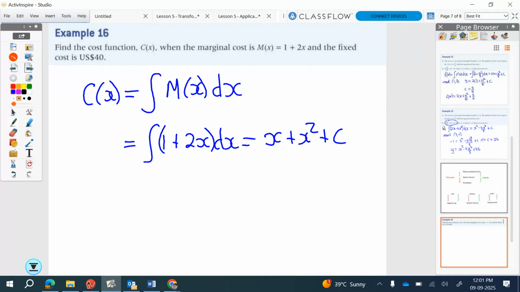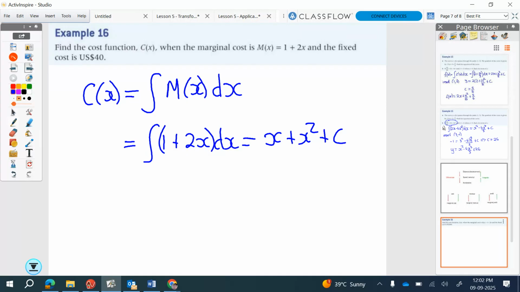Now in this particular case, which one of those would represent the fixed cost? If this is the cost function, and x is the number of units we're making. The question is very unspecific. It doesn't say what we're making. But if the cost function is C of x, then x has to be how many units we're making.